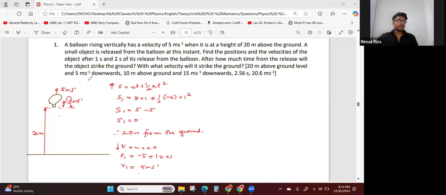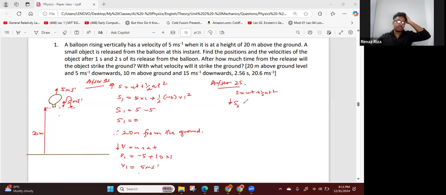Okay, and then after 2 seconds, again I can simply use s equals ut plus half at squared. I'm using downward because I know after 1 second it has this much, or else you can use upward and you get a minus value, which means it will be a downward positive value.